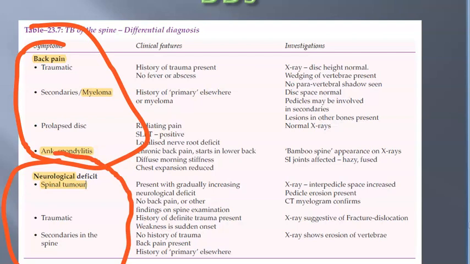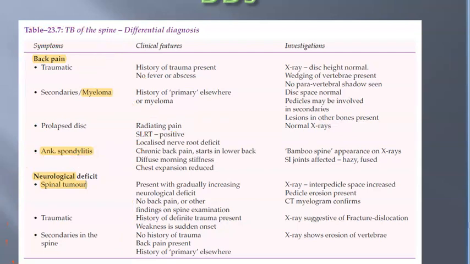For pain, maybe this patient has had some trauma, maybe he has some myeloma, secondaries in the bone. Guys, focus. This patient has back pain. Touch your back and think, there is a trauma at the back, there is a myeloma, there is a prolapsed disc or ankylosing spondylitis, which is causing back pain. Those are the differentials for back pain.